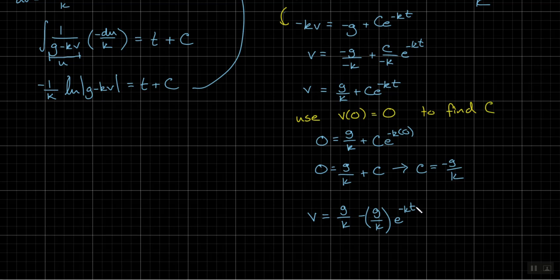Now, as we look at this, could we factor out a g over k from both of them? And then if we did that, I just want to look at something. So this is velocity. We have a g over k. What's it leave inside? 1 minus e to the negative kt.